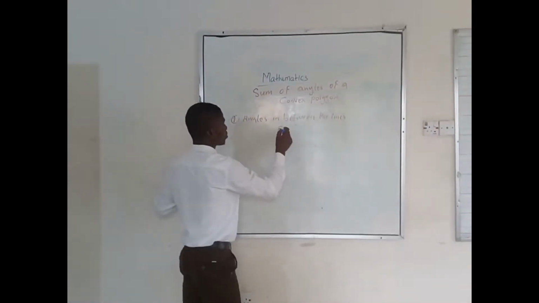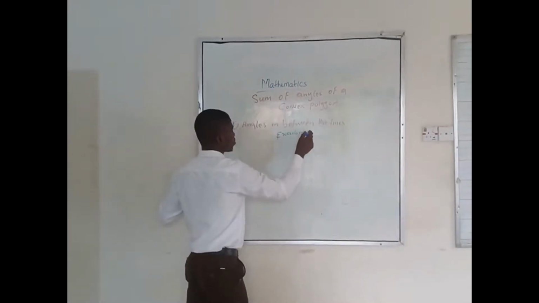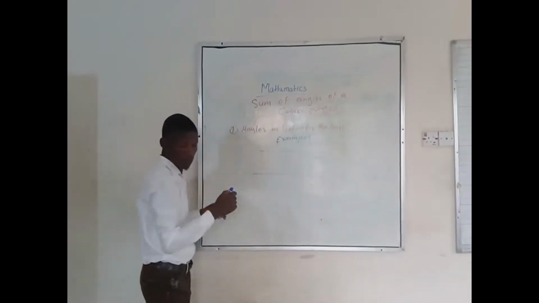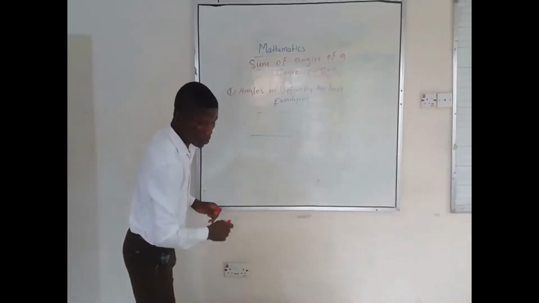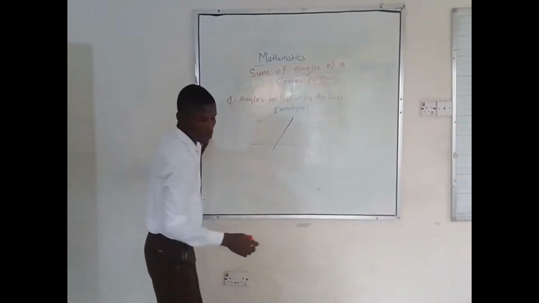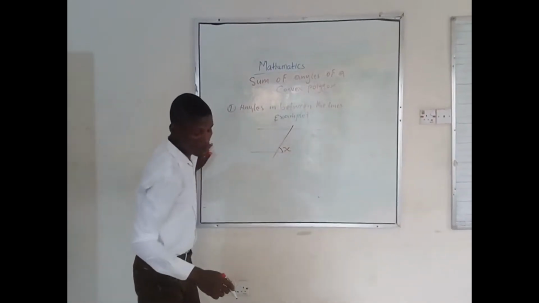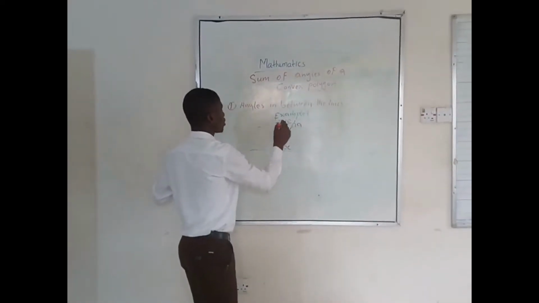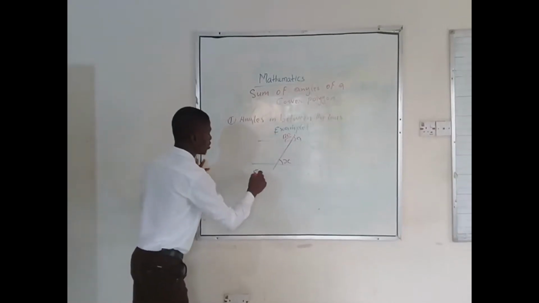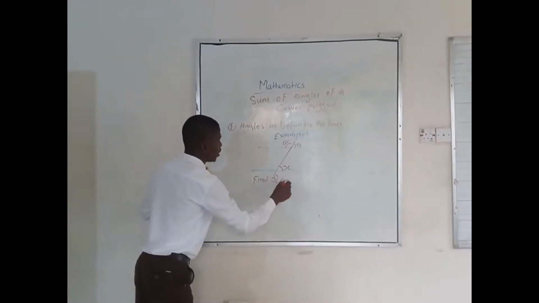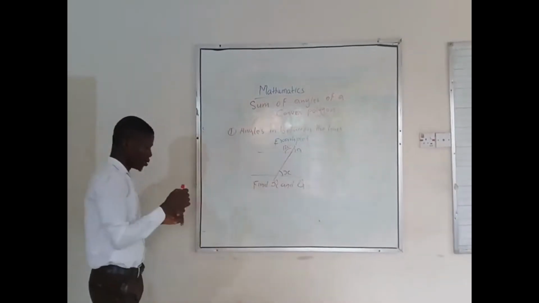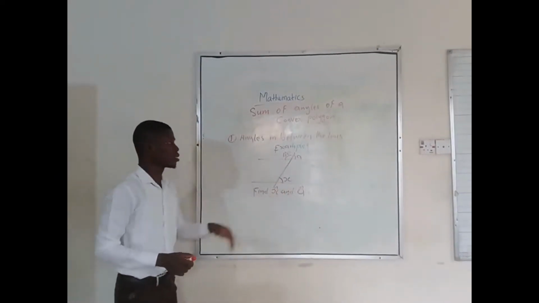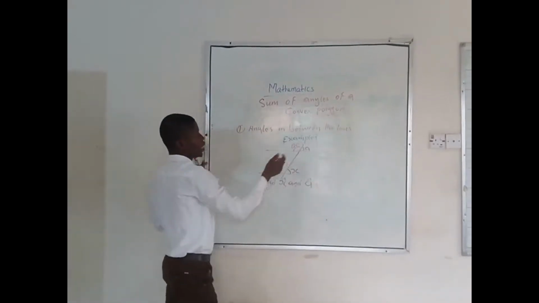Example 1. Here is 130. And they ask us to find angle X and angle A. You see, we can find this angle A before we find angle X. For angle A, we are going to use angles on a straight line.